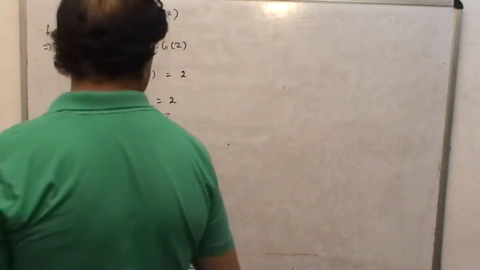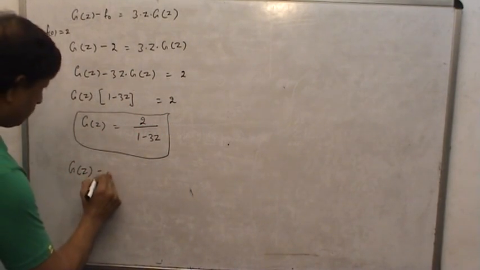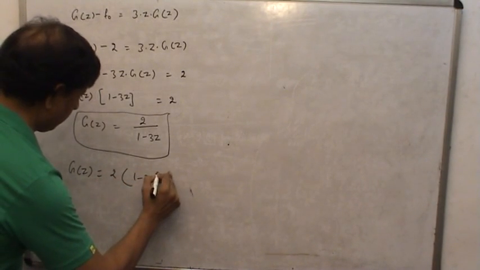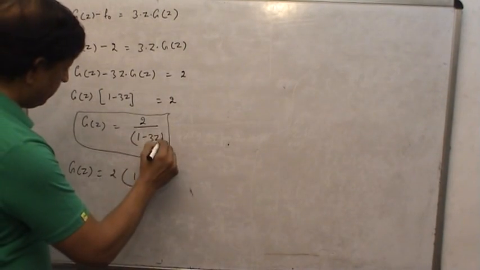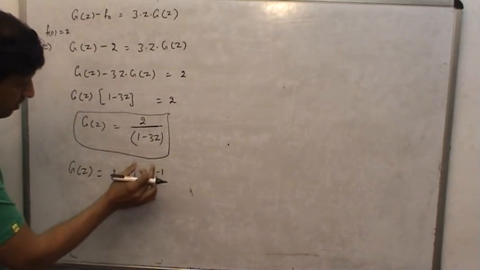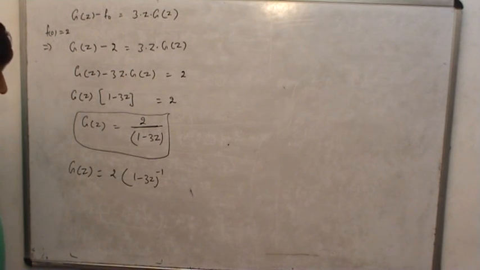For that, we can write gz is equal to 2 into (1 minus 3z) raised to the power minus 1. It is the lone factor. We can shift it up to the numerator by changing the power.